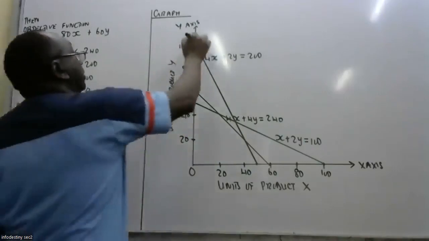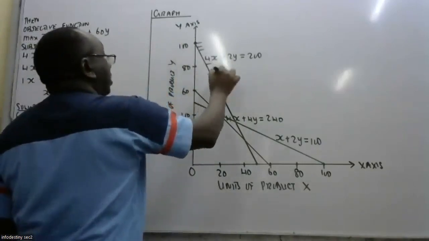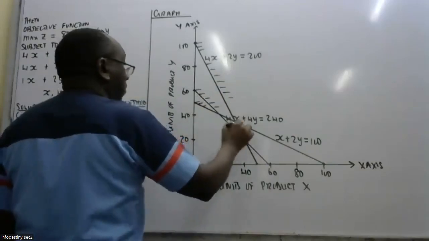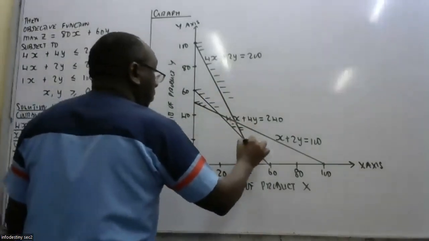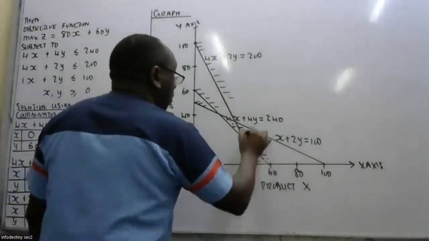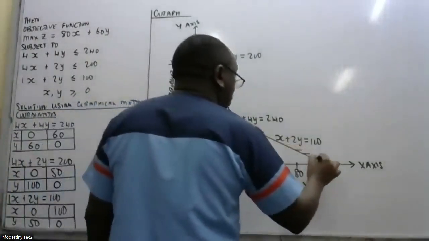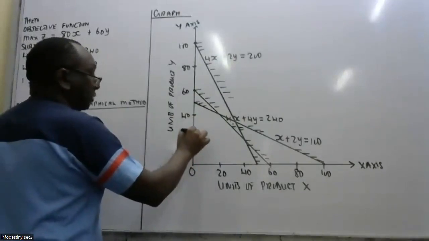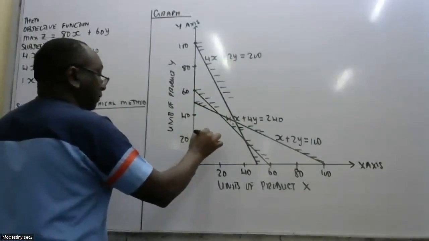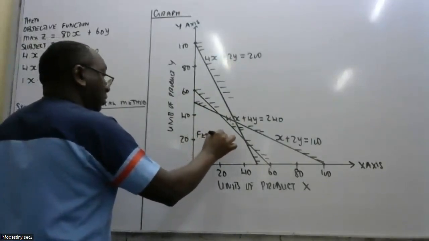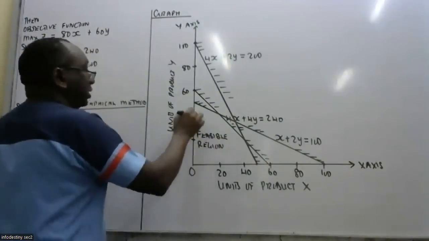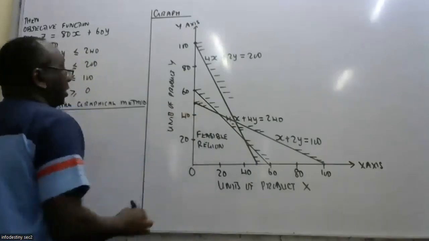So you shade these sides this way. So now this is our feasible region. At this region, as you can see, it has 4 corners.